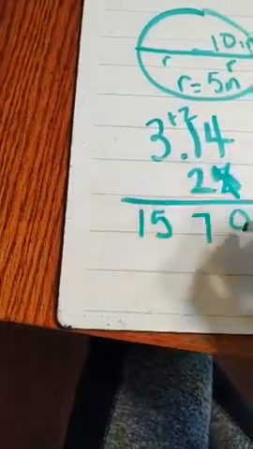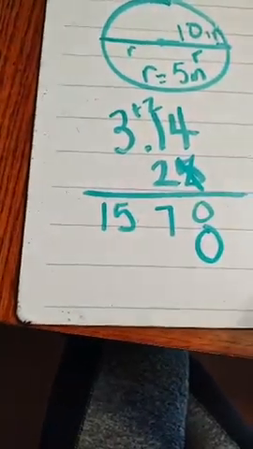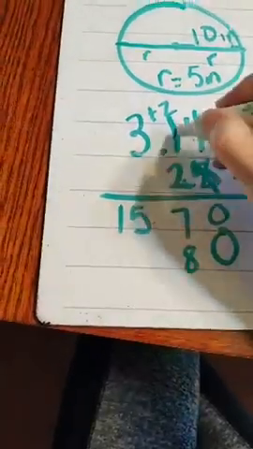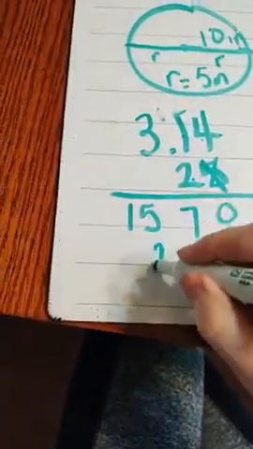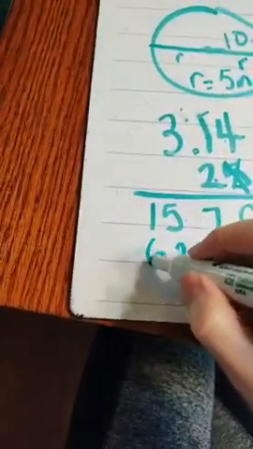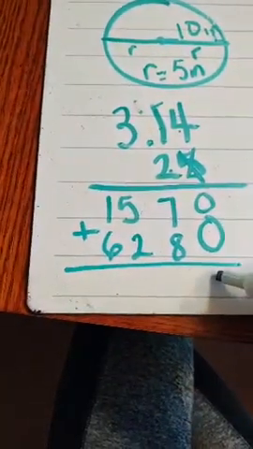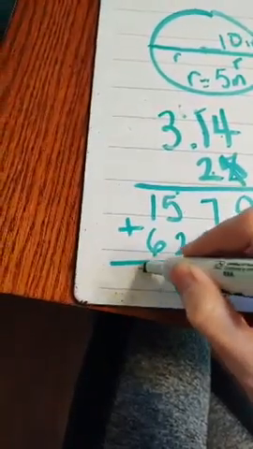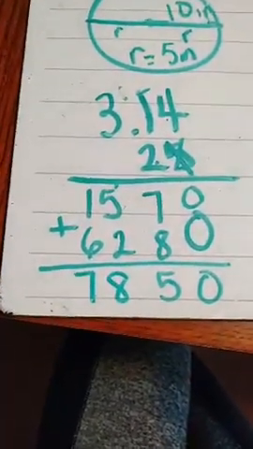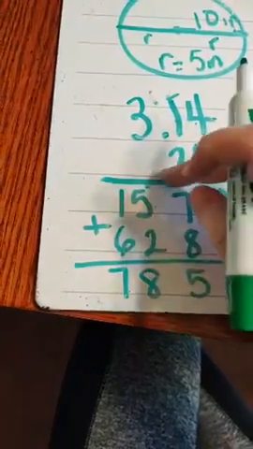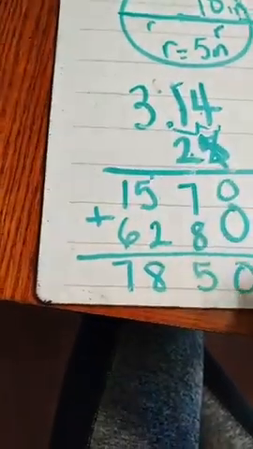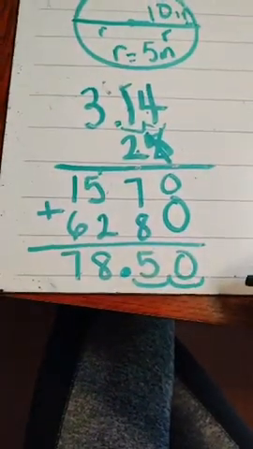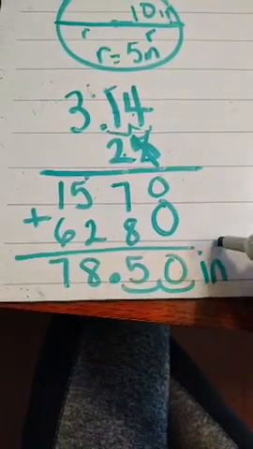I'm done with my 5. I start a second row by holding the place value. 2 times 4, 8. 2 times 1, 2. 2 times 3, 6. I'm ready to add: 0, 15, 8, 7. Now I need a decimal. I didn't have any decimals here, but I have 1, 2 here. 78.5 inches squared.